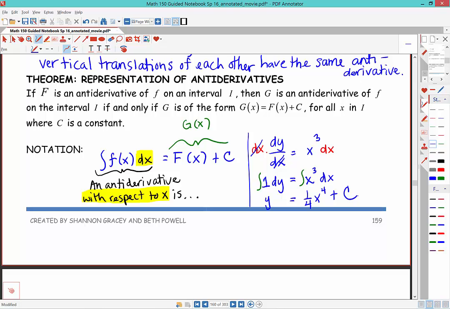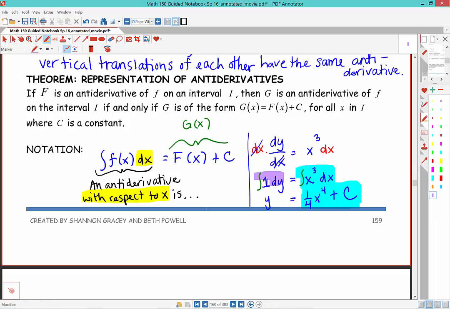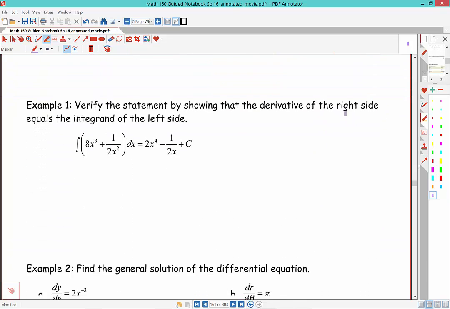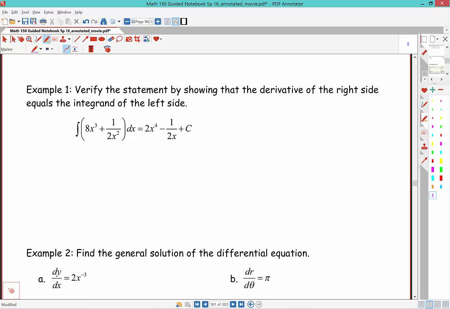So basically, this whole thing right here is this. And this guy over here has this result. And we only need to add the c once, because when you add two constants, you would just get another constant. Okay?